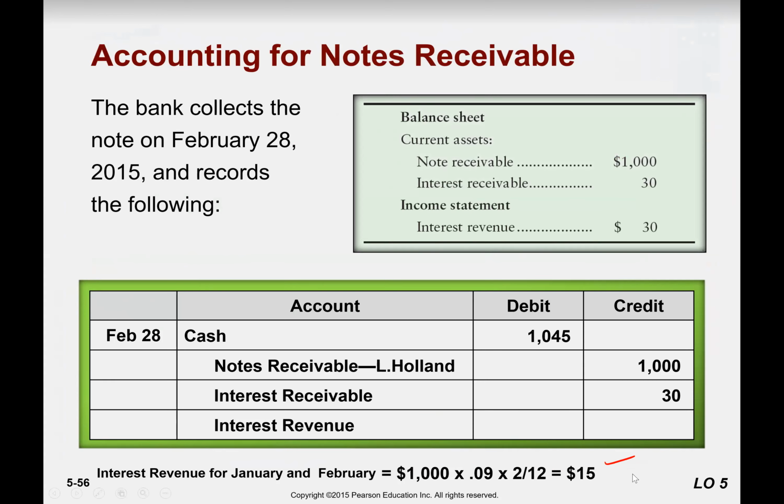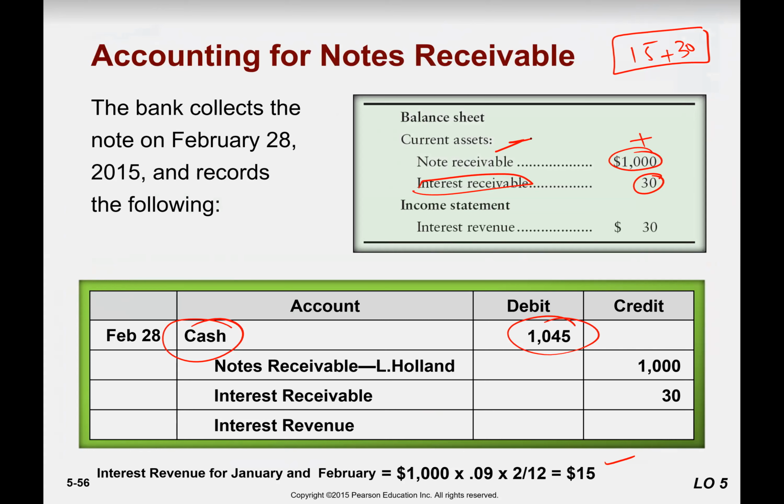So you are receiving the total payments, principal plus the total interest. The total interest amount is 45, but this 30 is already here on interest receivable. So you will be receiving cash of $1,045, and you will delete this account receivable.